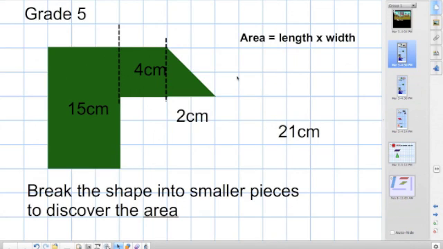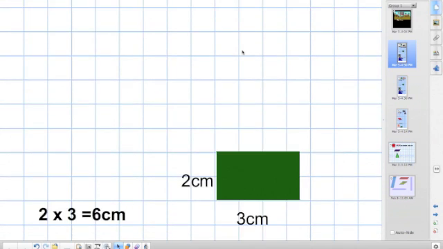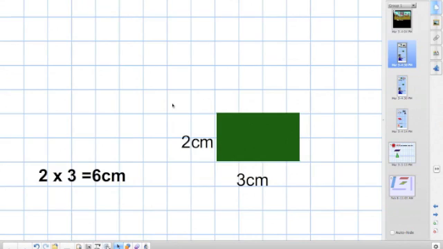It becomes a little bit trickier when we look at irregular triangles. The trick with triangles is to go back to that basic equation. Length times width gives us the area. However, how does this work when we're finding out the area of a triangle?